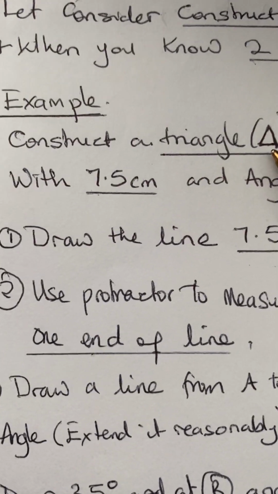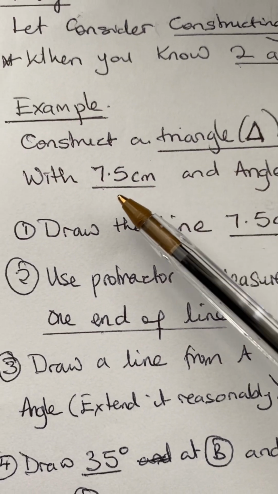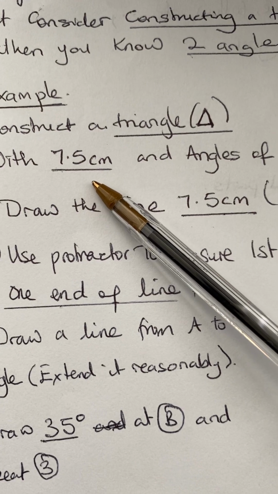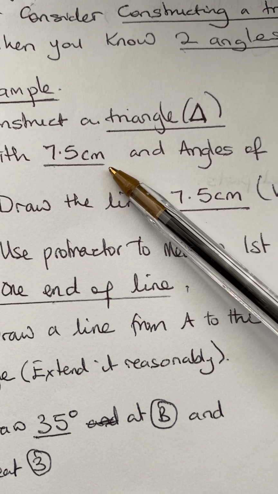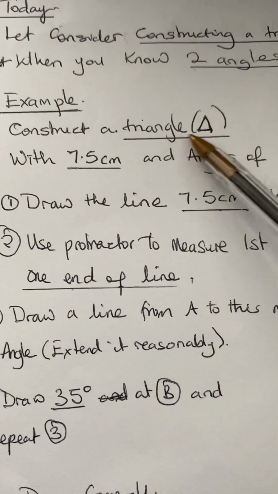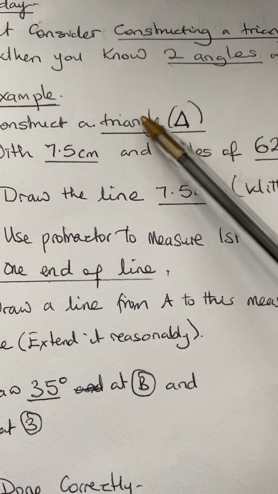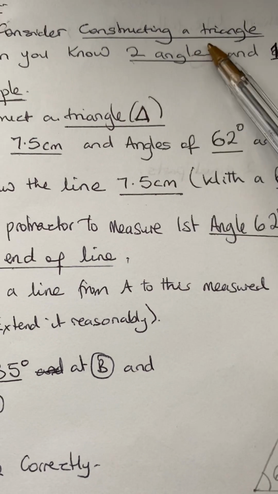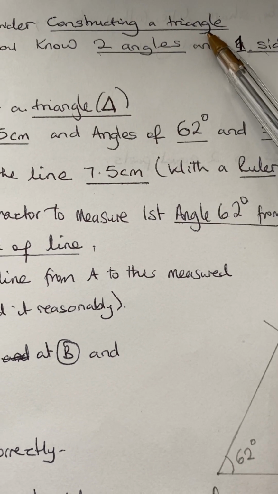So here we are going to construct a triangle, one side 7.5 centimeters. That's what we've been given, and we are going to construct a triangle, please, not an angle. We are constructing triangles.